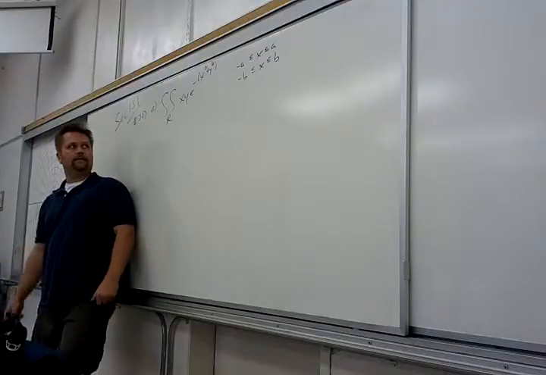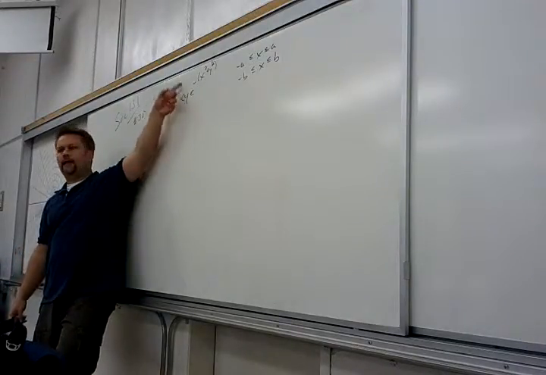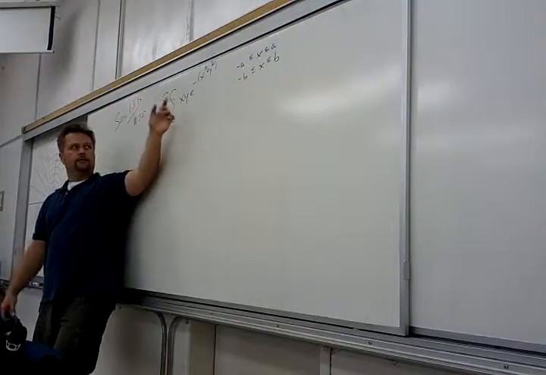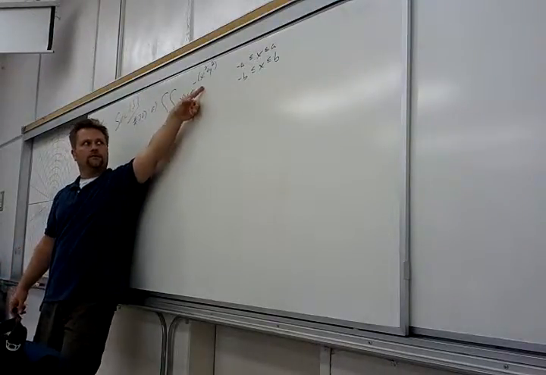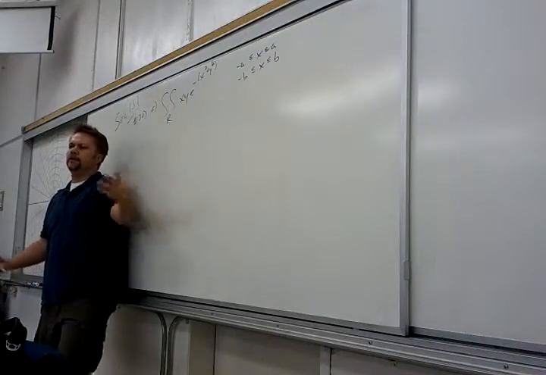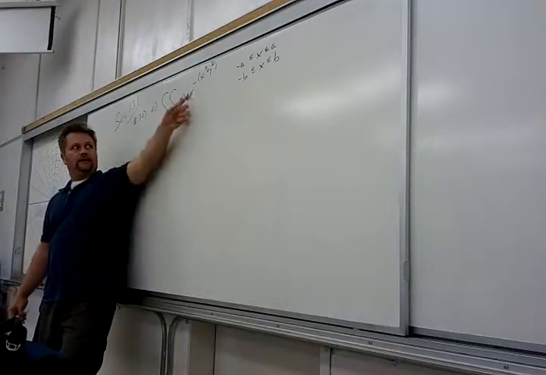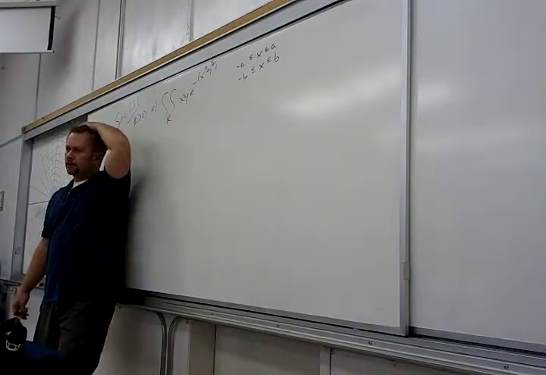What do you think might happen here? If I let x go from negative a to a, what's special about this function by itself, for example? Special about e to the negative x squared plus y squared.